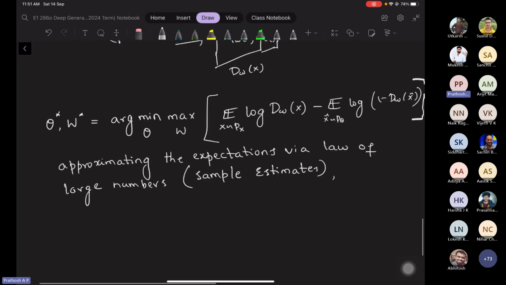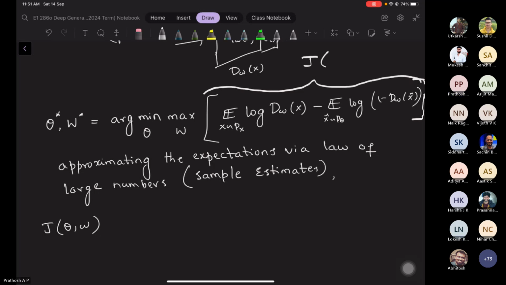How do we do that? Let me write that cost function as J(theta, W).